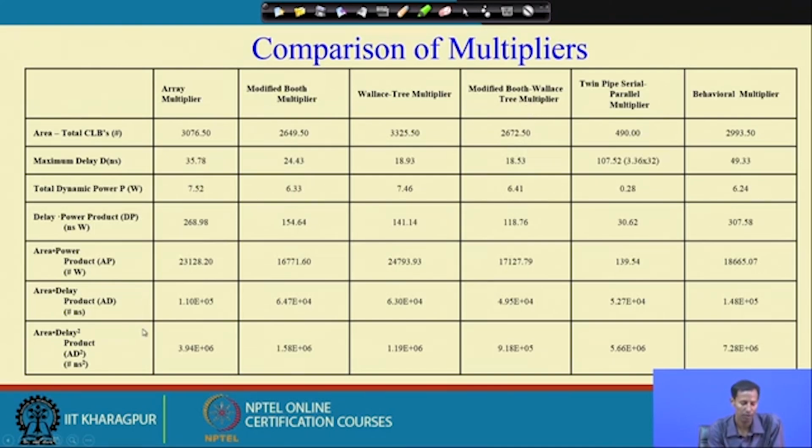The rest of the delay and power, power-wise this circuit is also very good compared to this. The time requirement is much higher on this, and the behavioral multiplier consumes a very large area as well as power as well as delay.